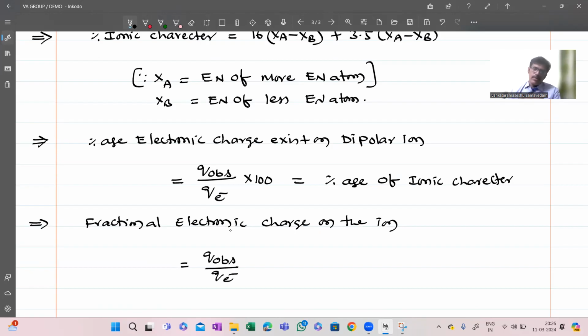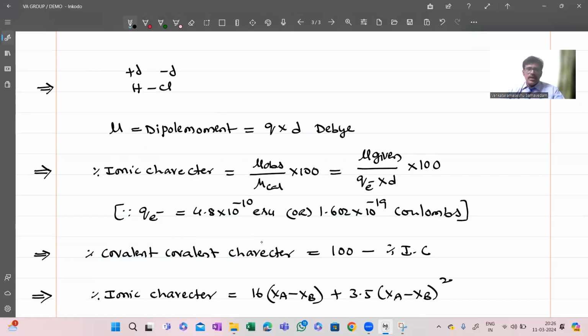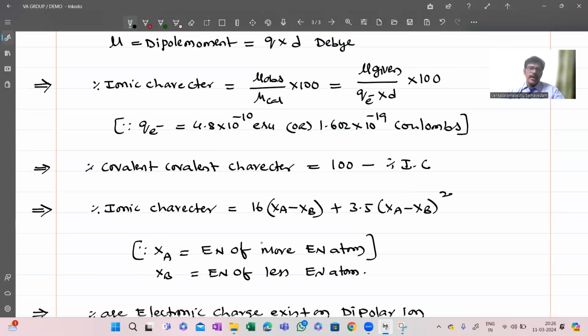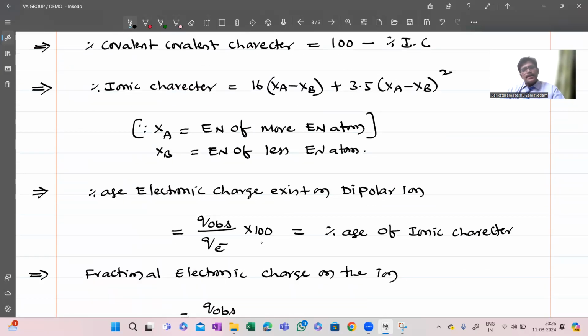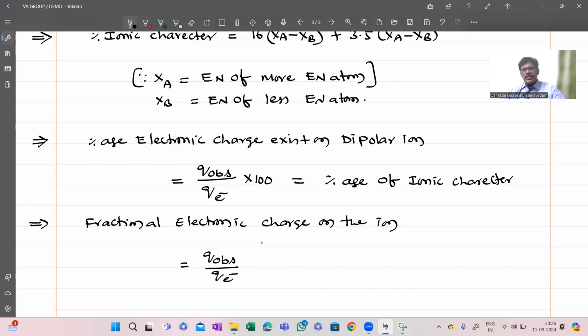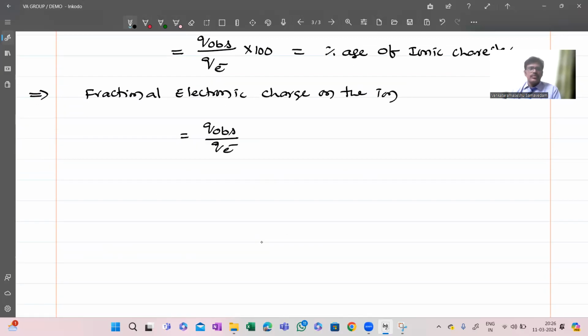Then if you multiply with 100, it is the percentage of electronic charge, which is directly equal to the percentage of ionic character. If only one bond is there, we use all these formulas to find the dipole moment, the ionic character, the covalent character, and the percentage electronic charge existing on the dipolar ion. Now I will go to case 2.